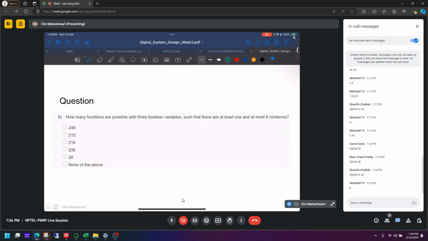How many functions are possible with three Boolean variables such that there are at least one and at most six minterms?